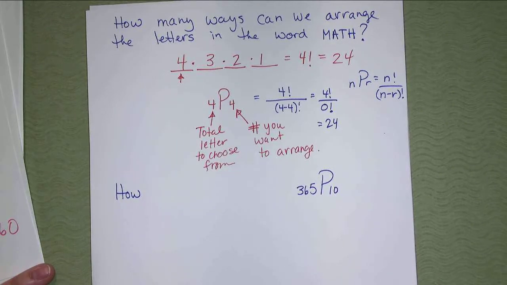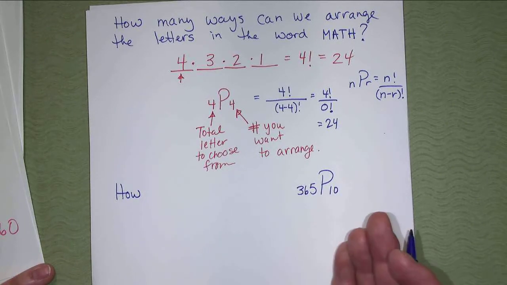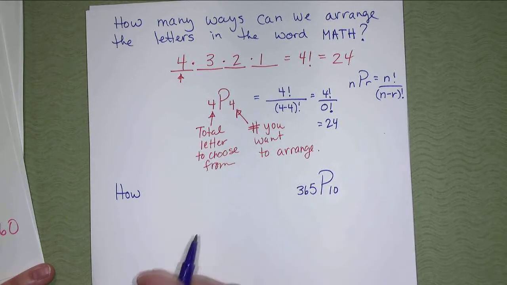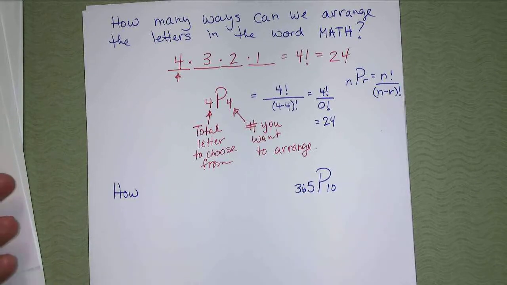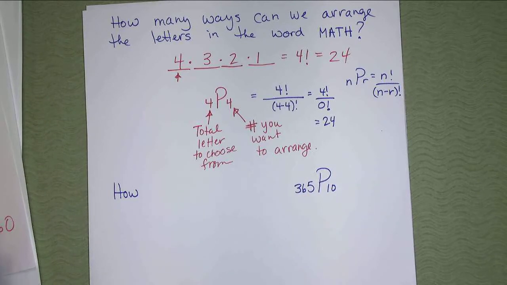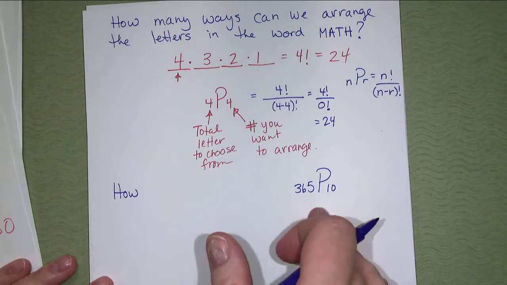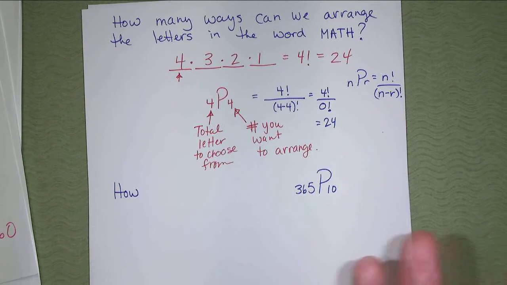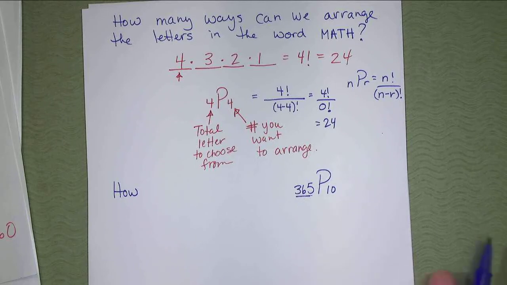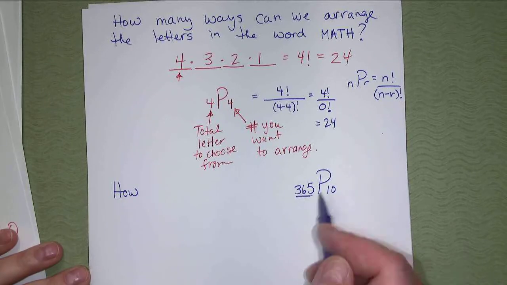So that might be quicker to type in than 10 numbers, but you don't need to do this. You could type in 365 times 364 times 363, and so on. It's shorter, though. But if you're picking stuff that's going in descending order, then you can always use the permutation button for that.